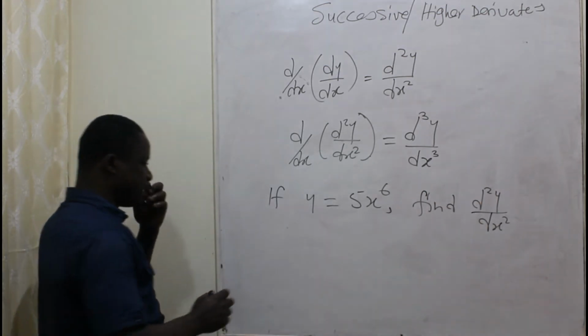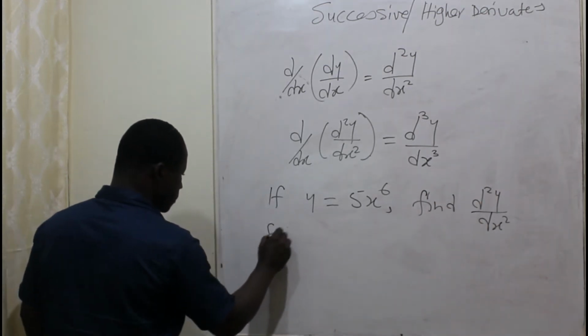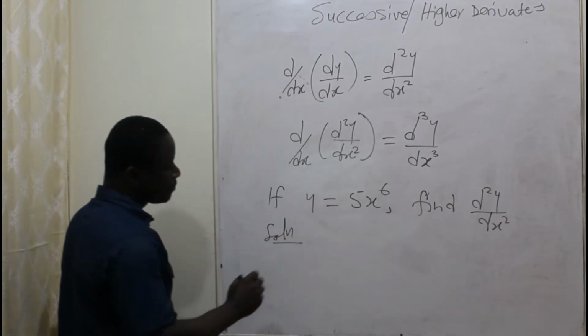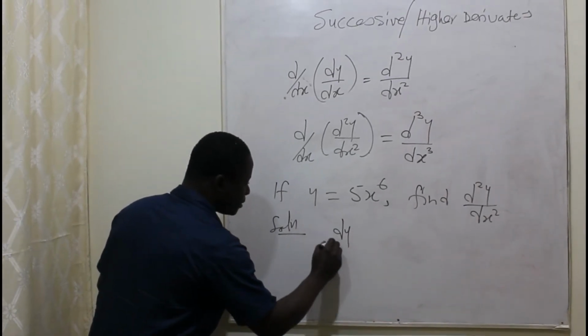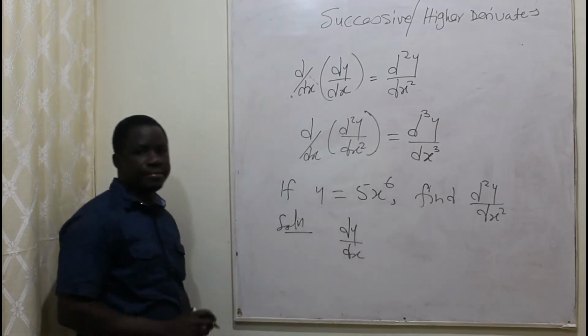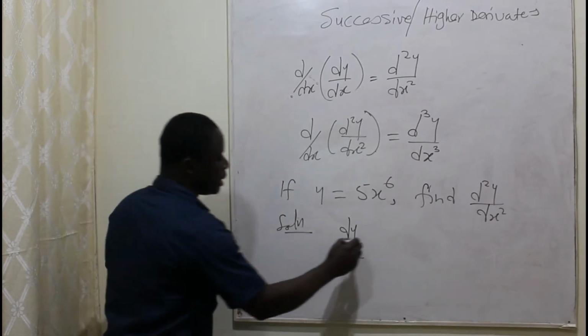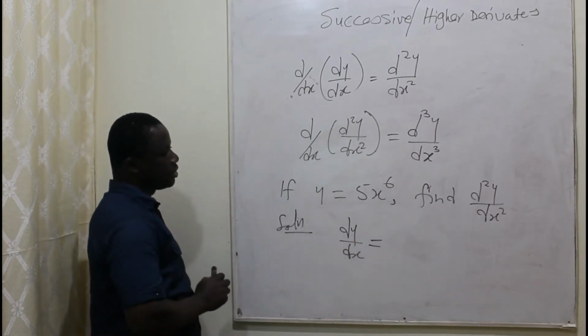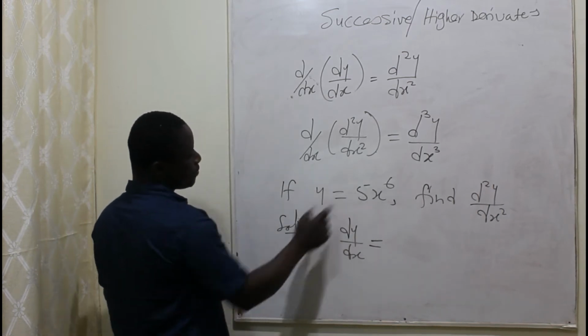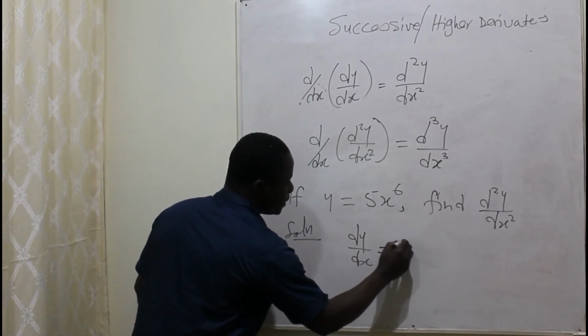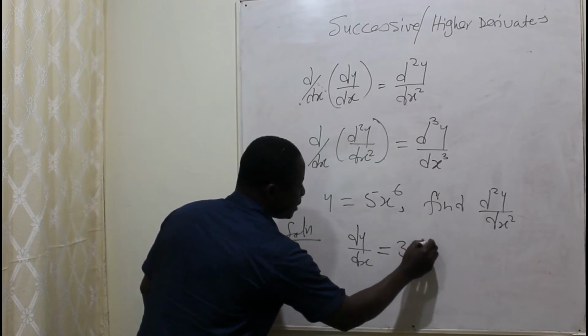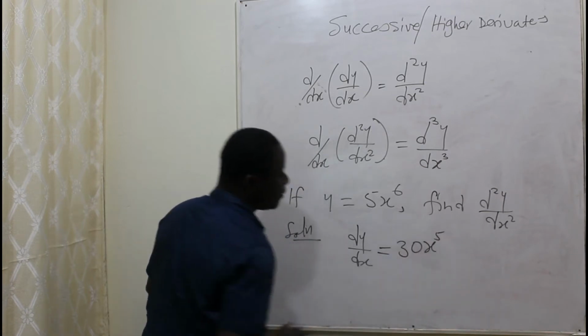So the first derivative, solution: we have to find dy/dx, which is the first derivative of the function. And per the differentiation rule, dy/dx of this function is going to be 30x to the power 5.